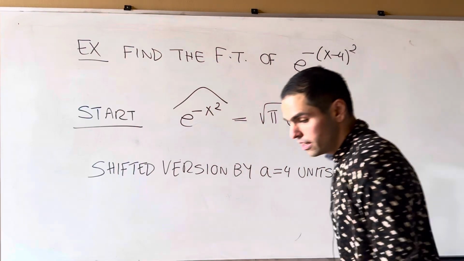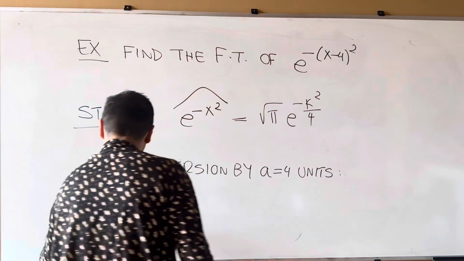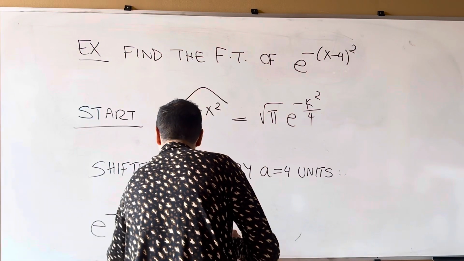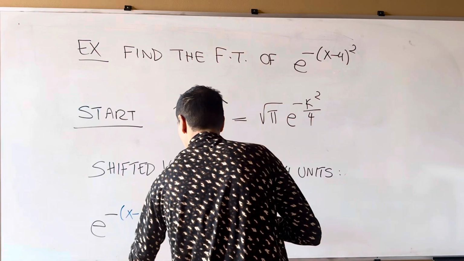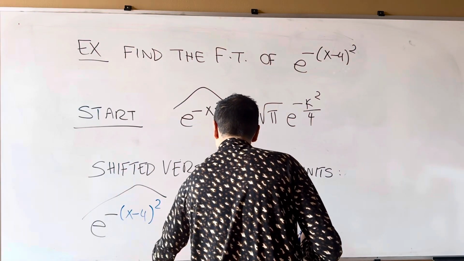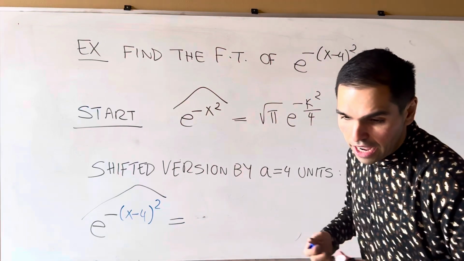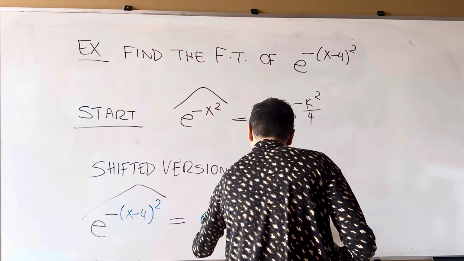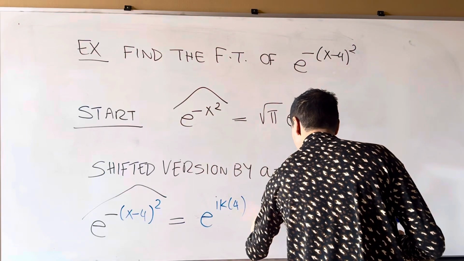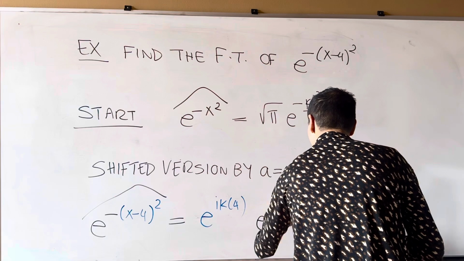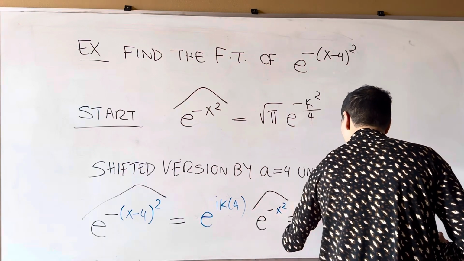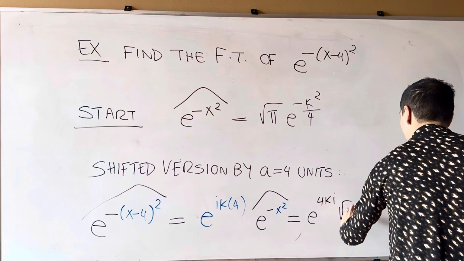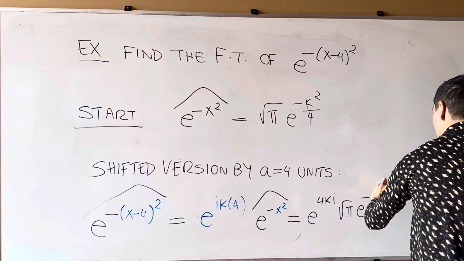And so the Fourier transform of e to the minus (x minus 4) squared, once again, is e to the i kappa a, so e to the i kappa times 4, times the unshifted version, the transform of e to the minus x squared. So just e to the 4 kappa i, and then square root of pi, e to the minus kappa squared over 4.